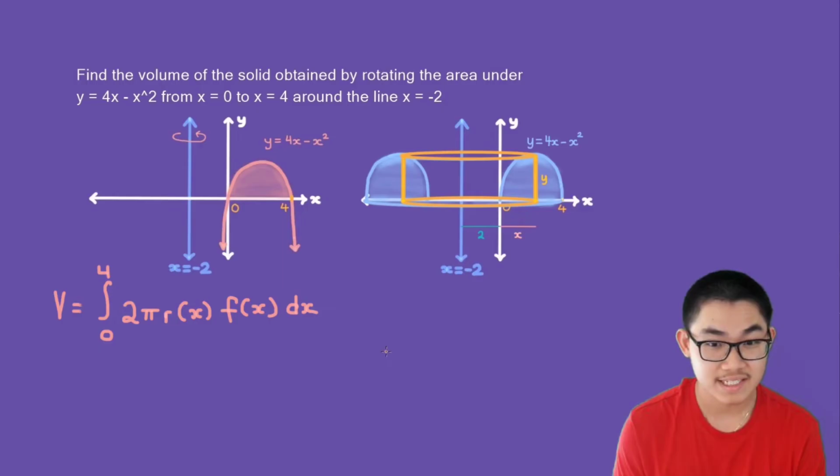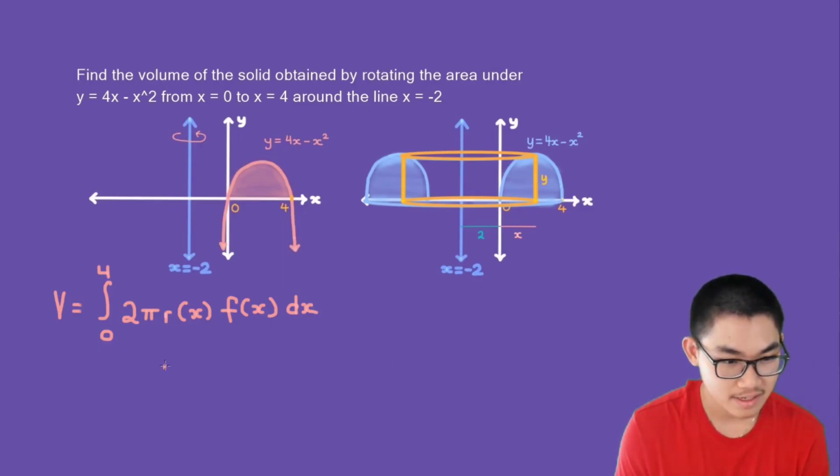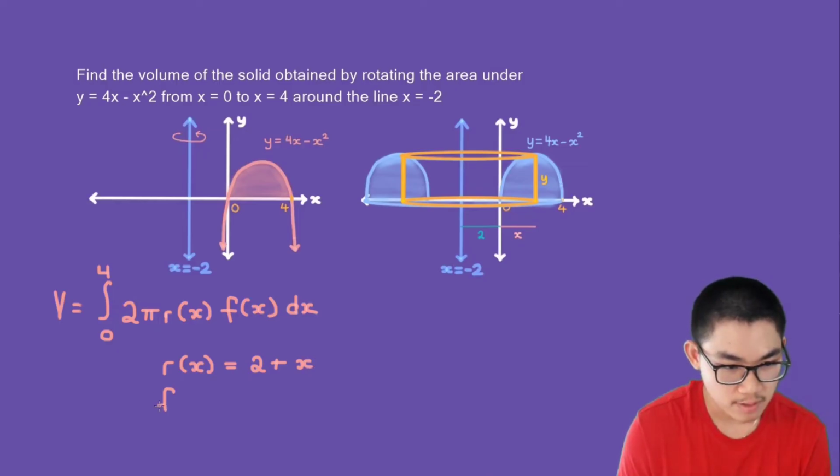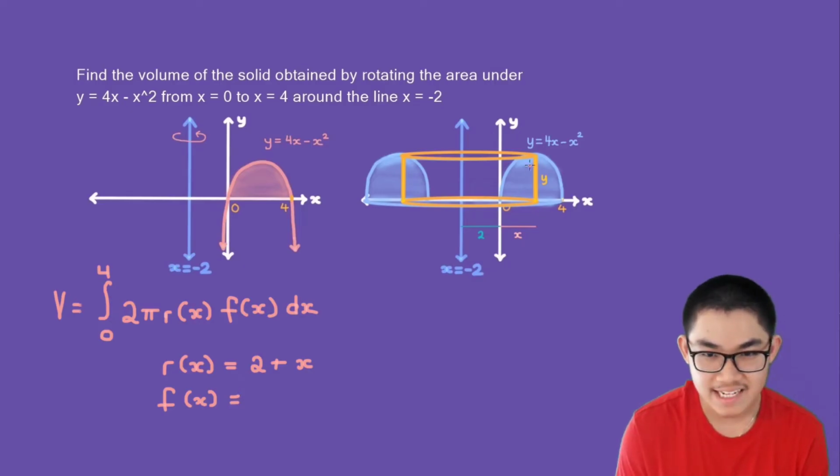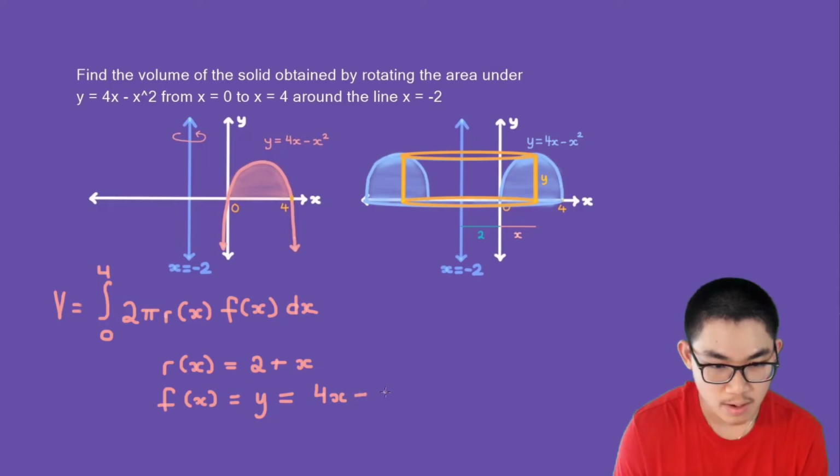So the radius is just 2 plus x. Now let me write that down. The radius is equal to 2 plus x. Now how about the height, f of x? The height is just y. So this is going to be y. And we also know that y is equal to 4x minus x to the power of 2.